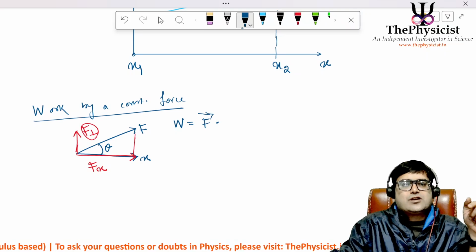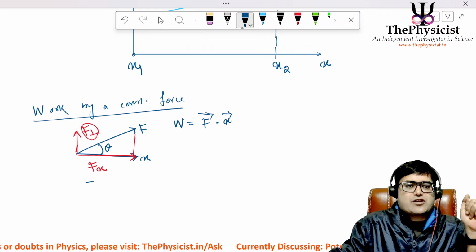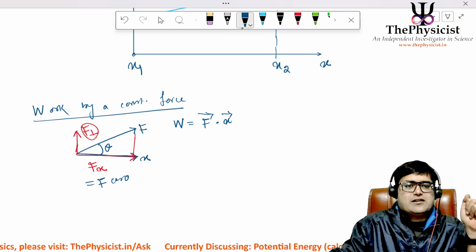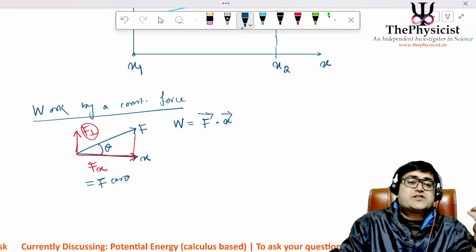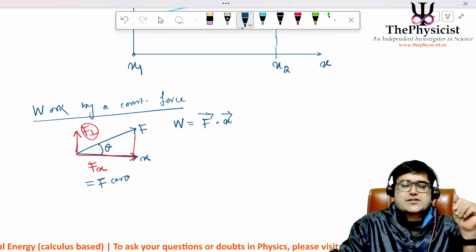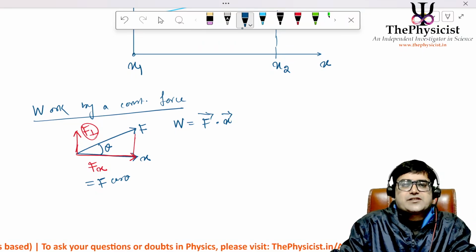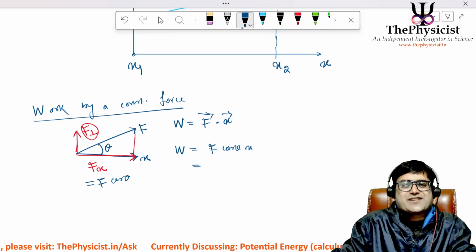It's F dot x. Yes or no? Why? It's because the F_x component is just F cos theta. Trigonometry: the component of the force along the direction with which it makes an angle theta would be F cos theta. Now with this, we can write work done is equal to force F cos theta into x, which I can write as Fx cos theta.